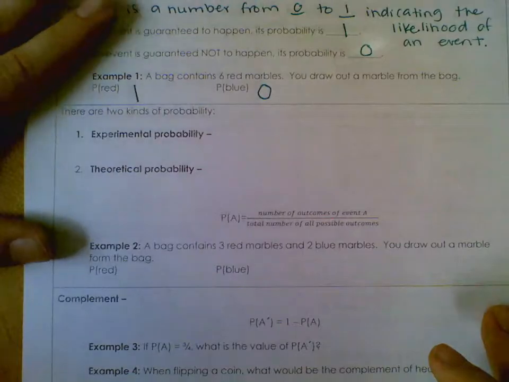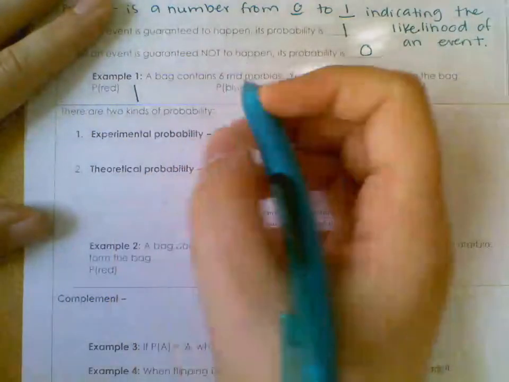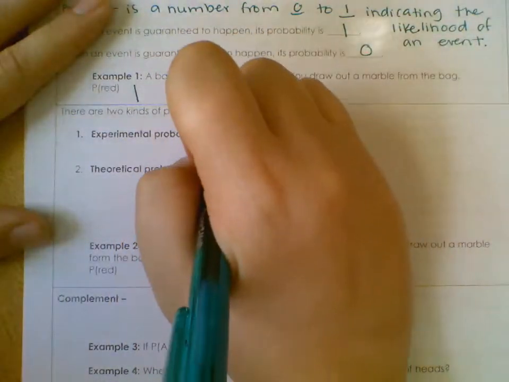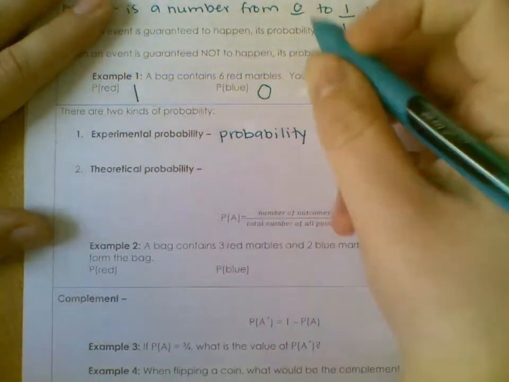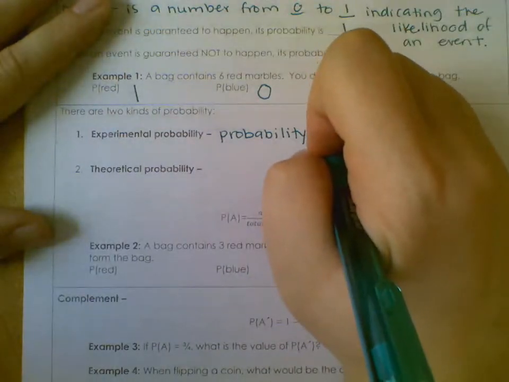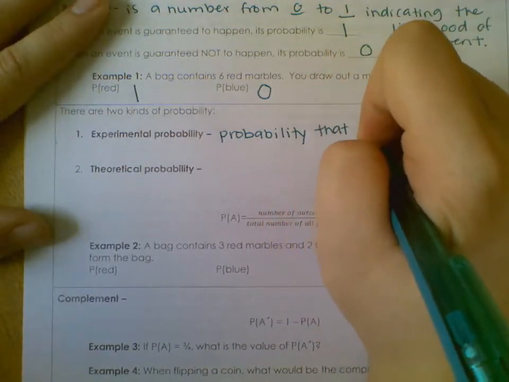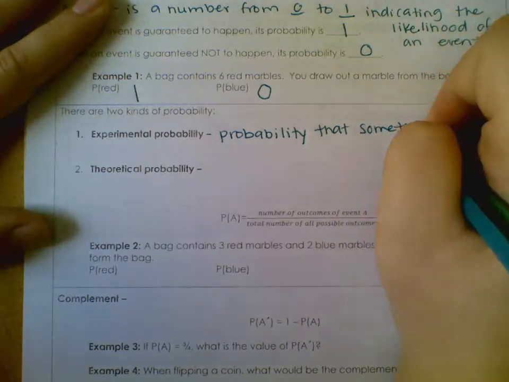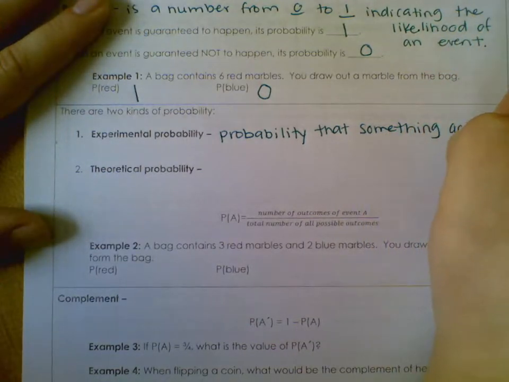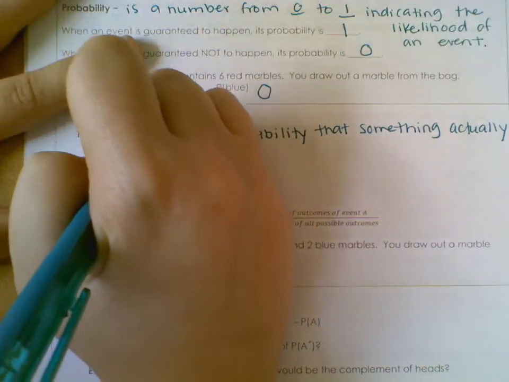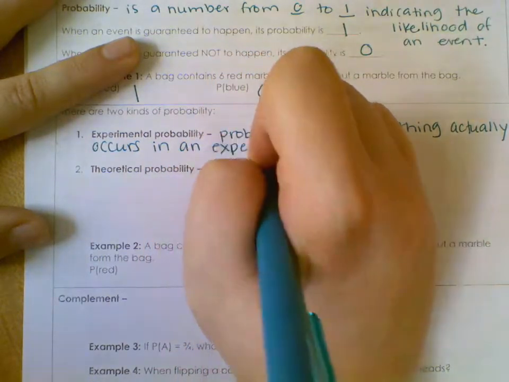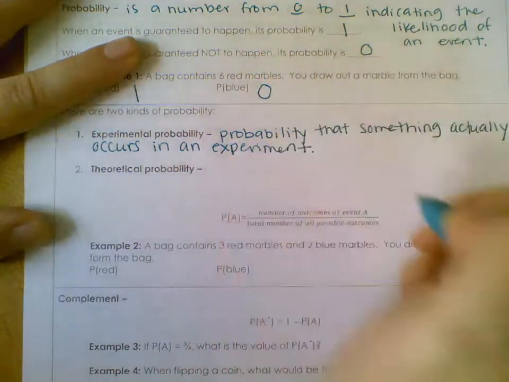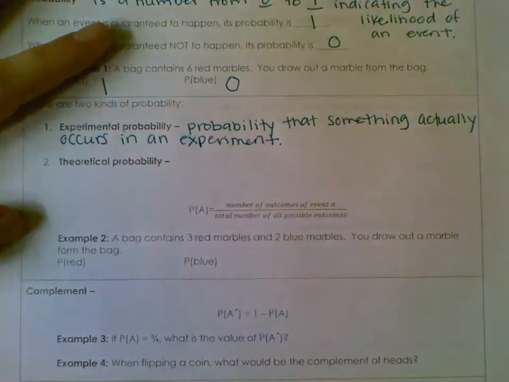Okay, there are 2 types of probability. So experimental probability is the probability that something actually occurs in an experiment. What I mean by experiment is that you are physically doing this event.